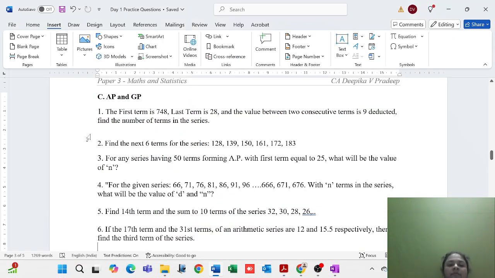Now let's start with the first question. The first term is 748. The last term is 28. The value between two consecutive terms is 9 deducted. Words like deducted, subtracted, added represent arithmetic functions, so at that time itself you should understand that it is an AP.